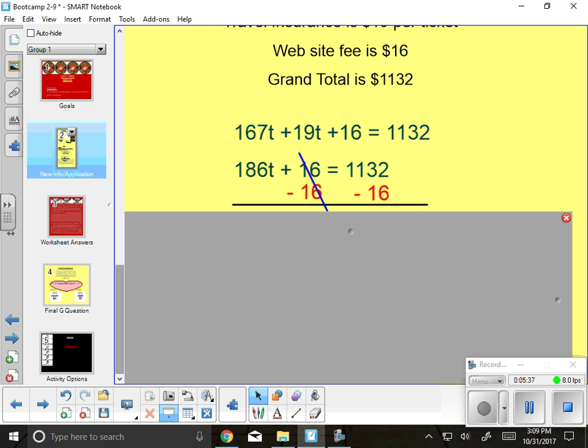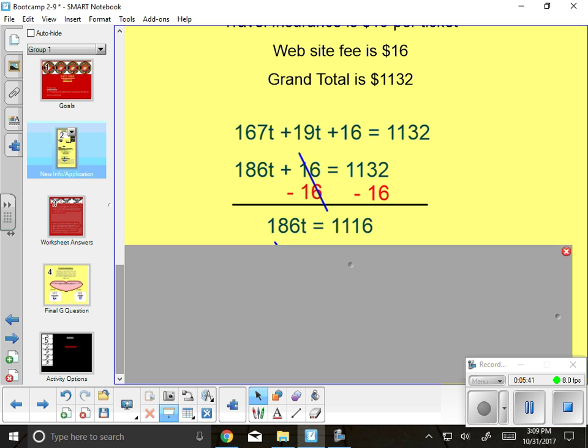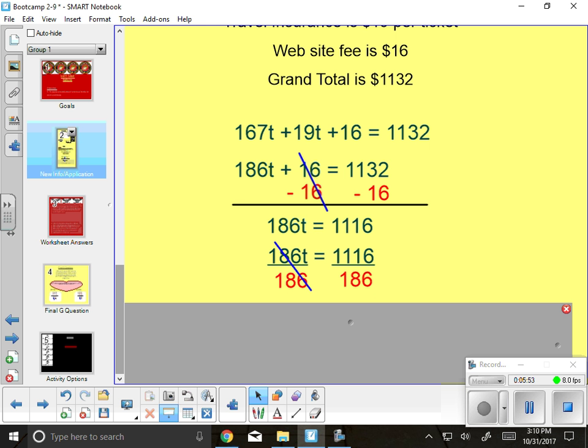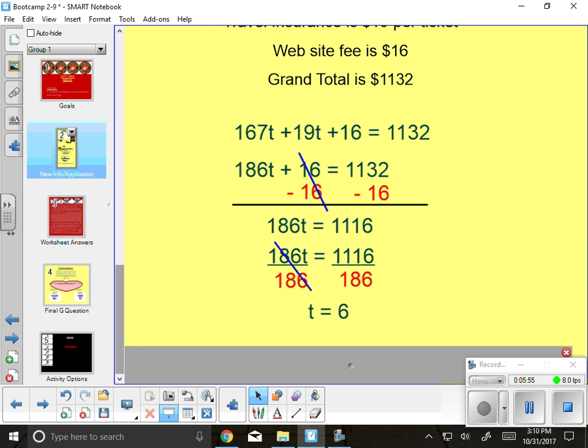From there, you're going to want to subtract 16 from both sides. When you do that, you'll end up with 186T equals 1,116. From here, it's just like any other one-step equation. You're going to divide both sides by 186, and when you do that, you come out to T equals 6.